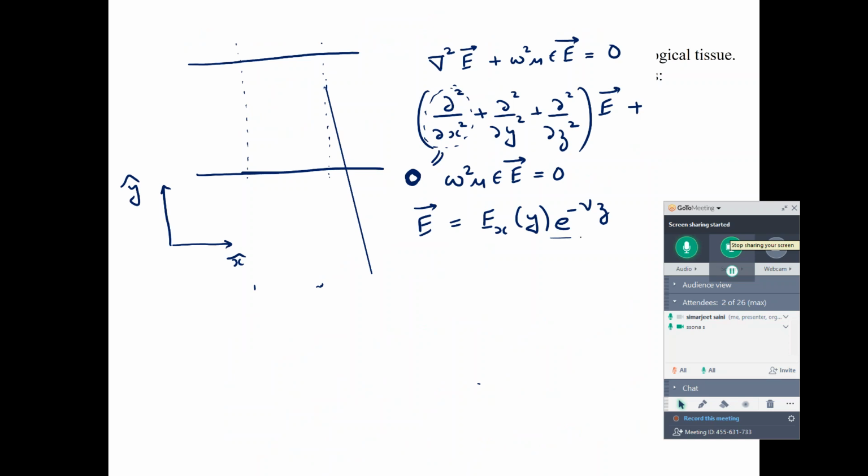Again, the advantage of exponential functions is that when you take a derivative, all you do is get this term out. We take the derivative twice with z, so we'll get minus gamma square out.